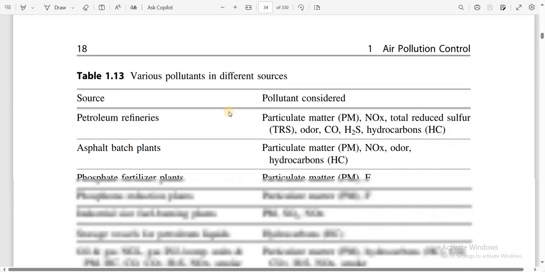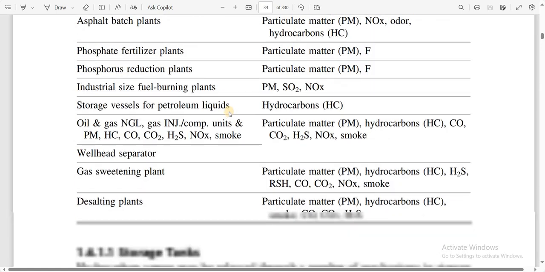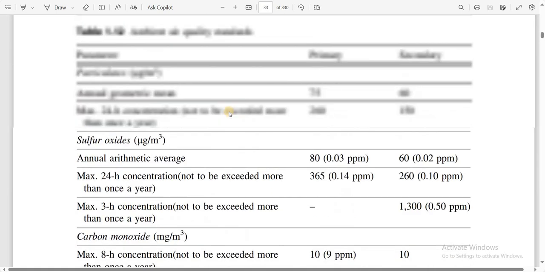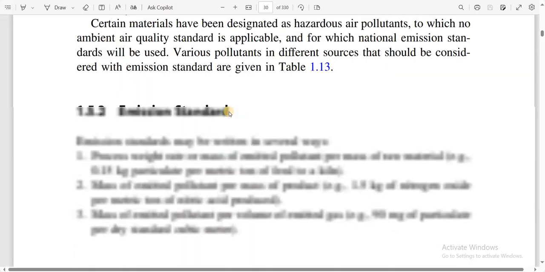Similarly, in table 1.3, various pollutants in different sources, like what are the sources and what are the pollutants. So it is mentioned here. We have looked at it, and let's go and further read the other topics.